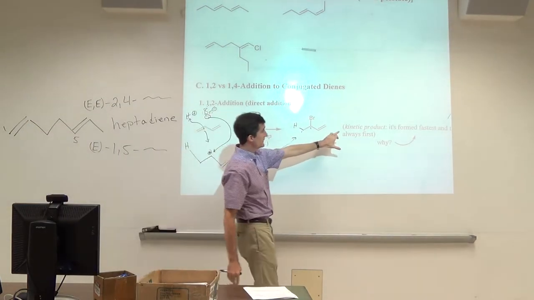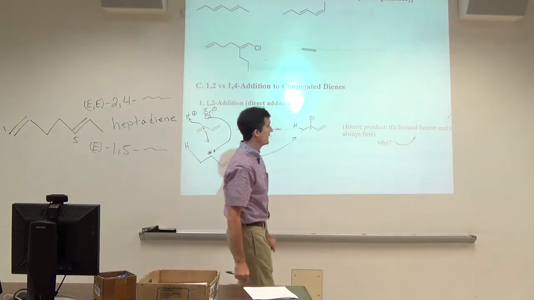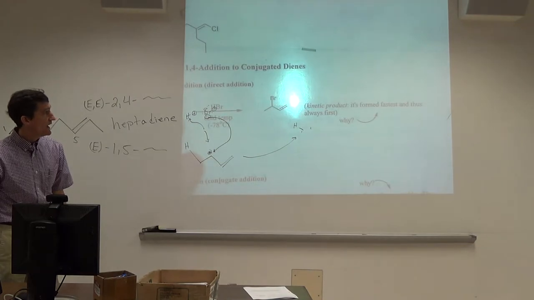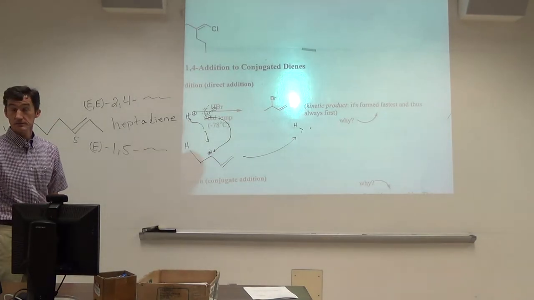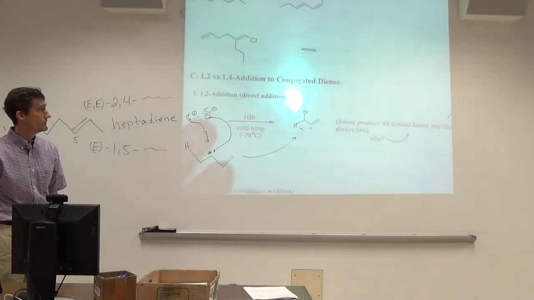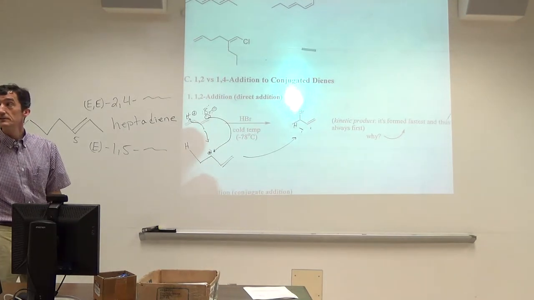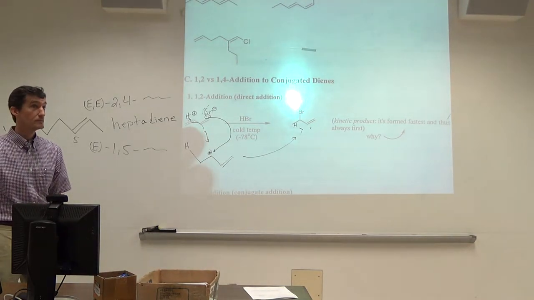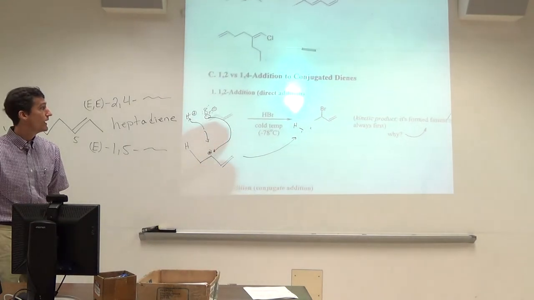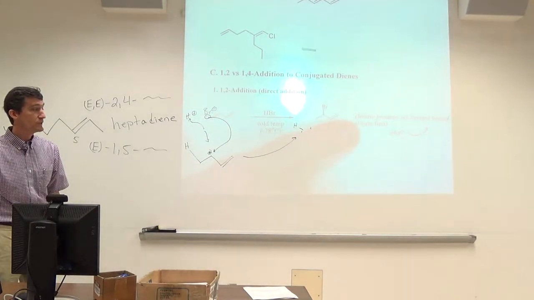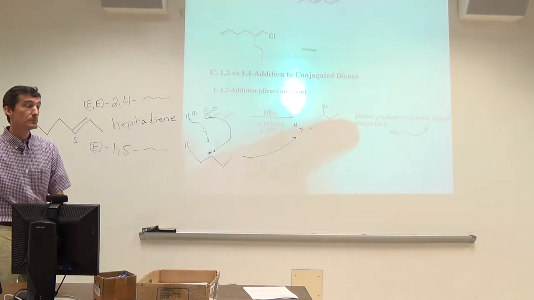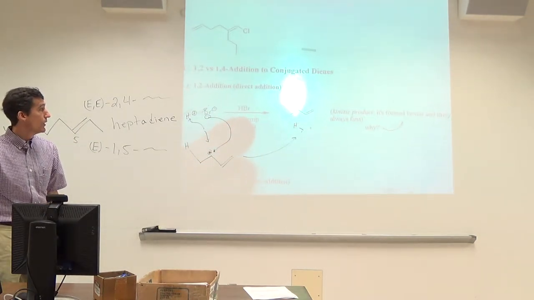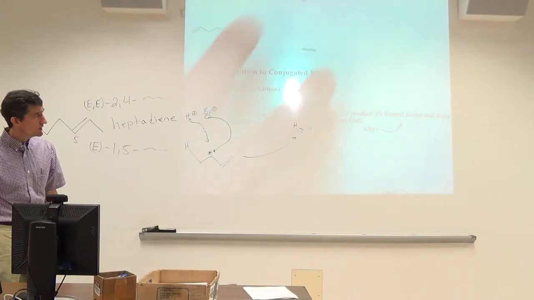Here, this is the kinetic product because it's formed fastest and thus always first. We will contrast this with the thermodynamic product when we get below. Why is it formed fastest? We'll come back and answer that.